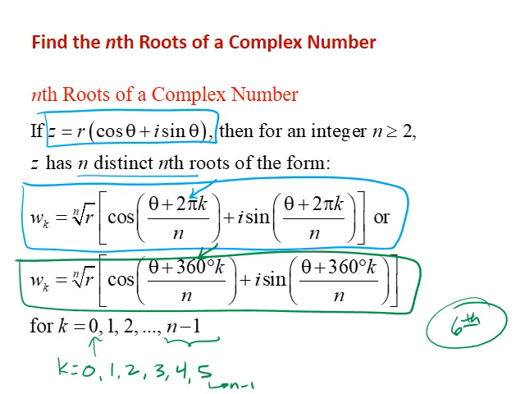So it's really just applying the formula. I know this looks intimidating, but I'm going to show you 2 examples of this, one in radians, one in degrees, and hopefully it will ease your fear of just looking at this. So let's take a look.